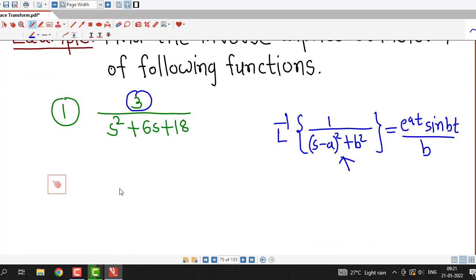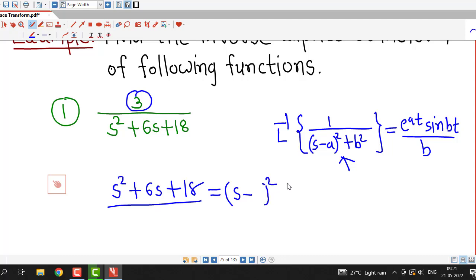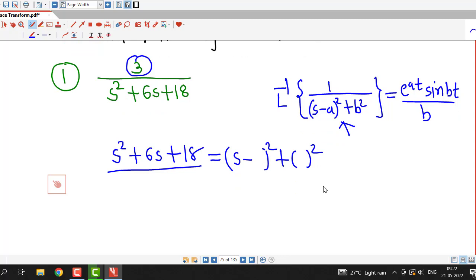Now if we observe this denominator s square plus 6s plus 18, then I have to write this as square of s minus something plus square of something. So for that I can decide the last term of this second degree polynomial in s.